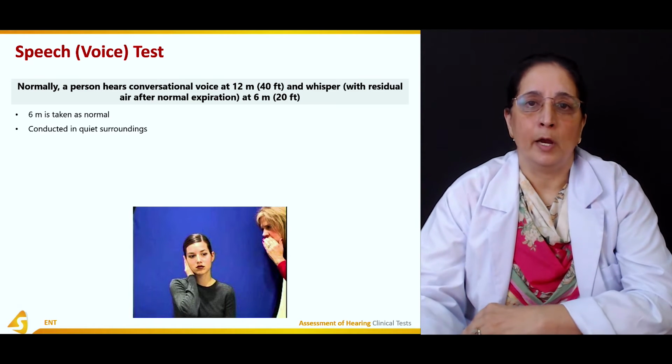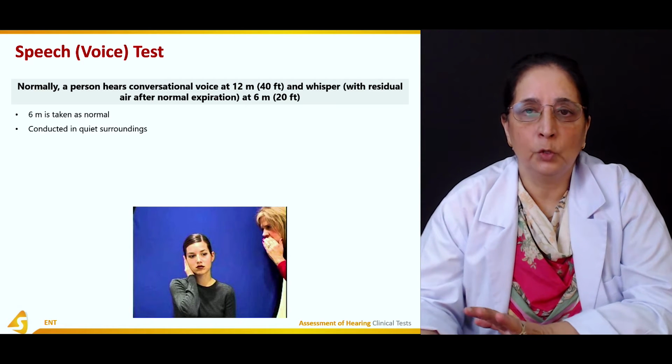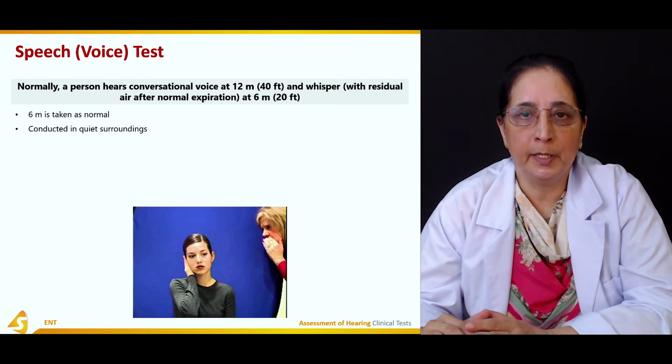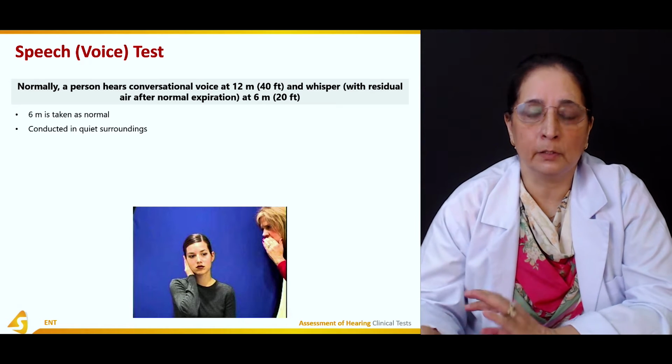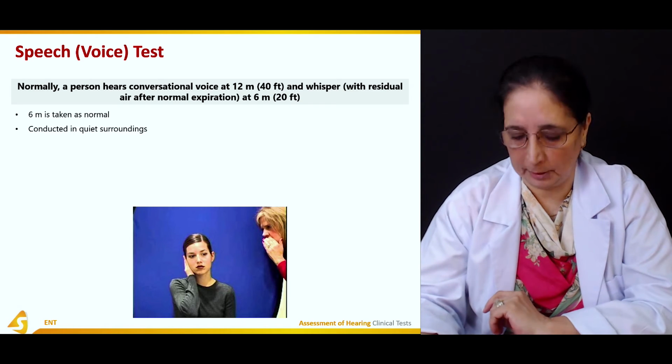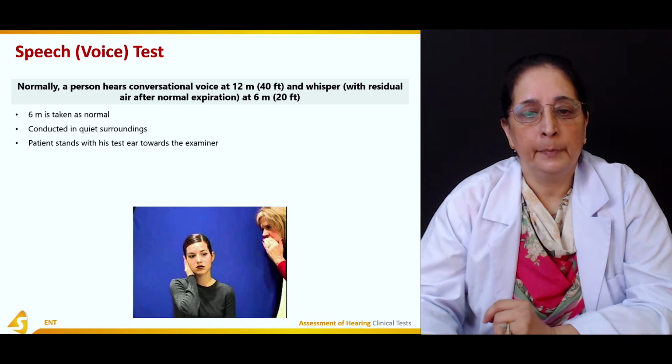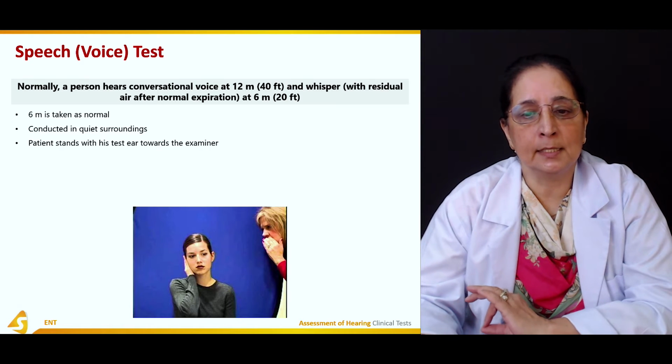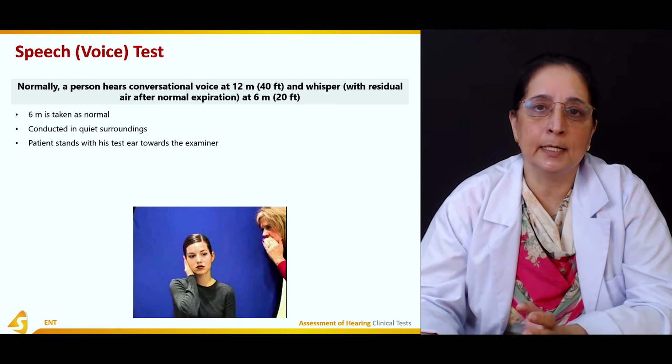The test is conducted in quiet surroundings, there should be no noise. The patient should be in a quiet environment, so there should be no distraction. The patient stands with the test ear towards the examiner.